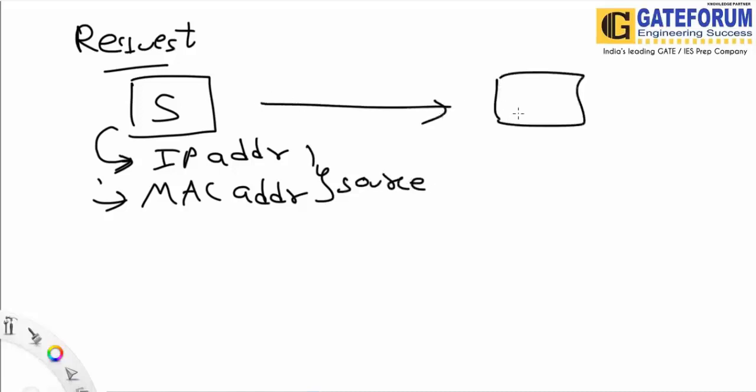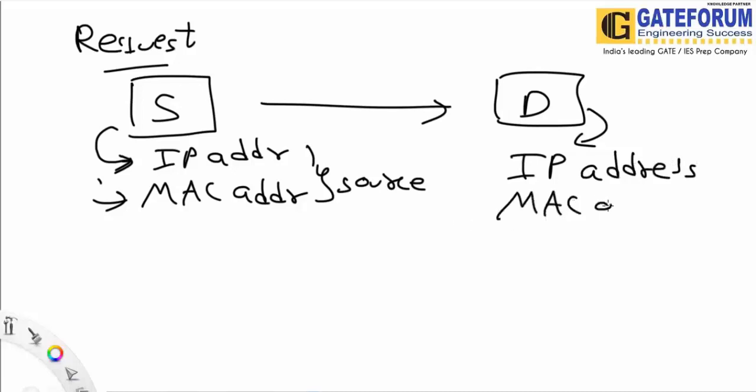For the destination, it only knows the IP address of the destination, and the MAC address is not known. Only this MAC address is not known.